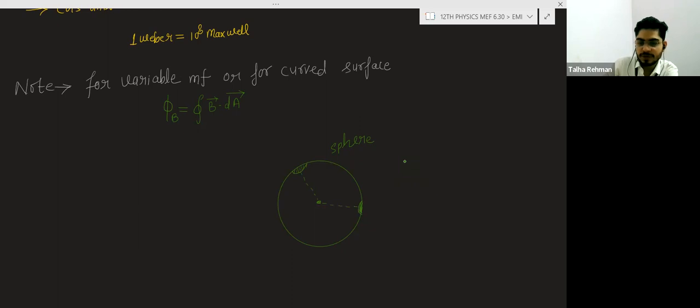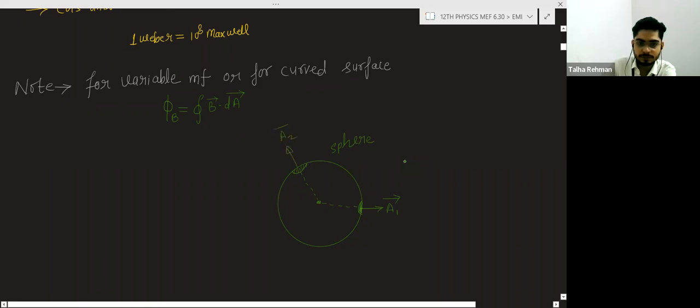For curved surfaces, the area vector will be like this. At every point, the direction of the area vector will change. This will be the direction of the area vector.